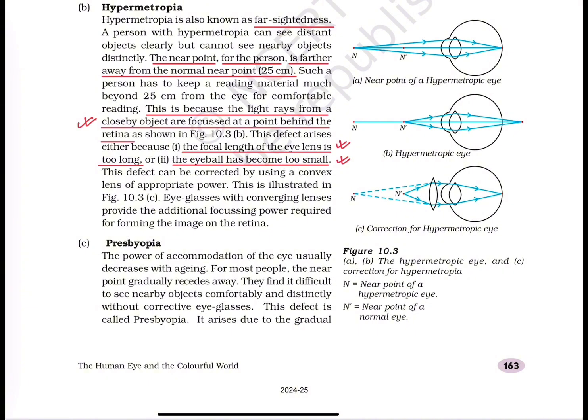Now what can we do to correct this type of defect? We can use a convex lens of appropriate power, and this is illustrated in figure 10.3. Let us see what the figure suggests.